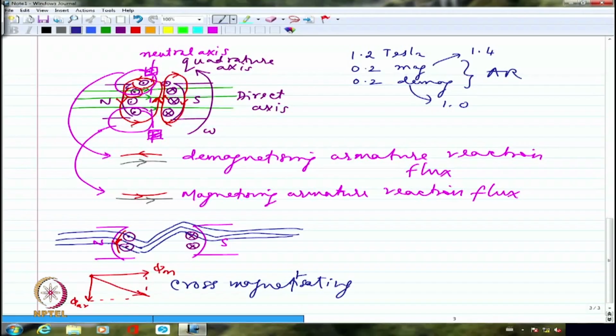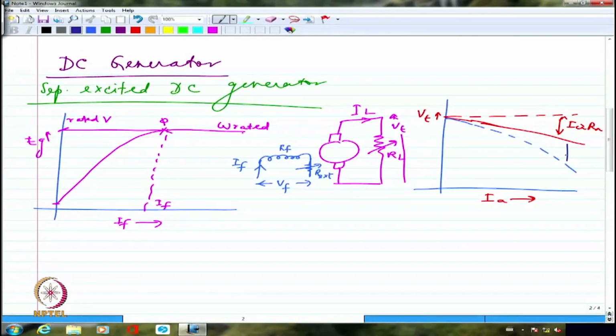So this drop in the voltage is what is manifested when I drew the external characteristics. So I would say this is the armature reaction drop, AR drop.